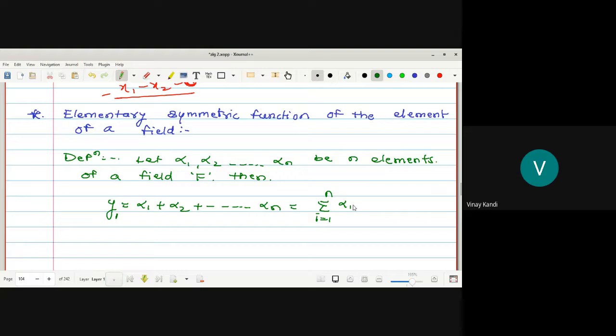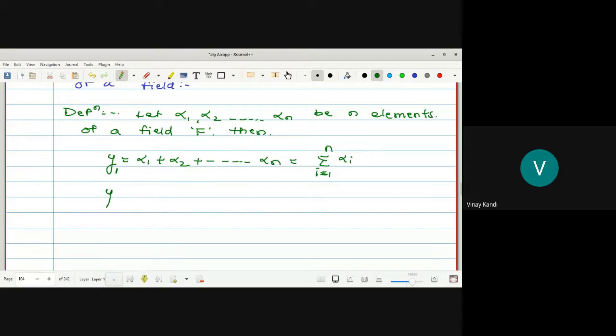This is the elementary symmetric function of the field F, y1. And y2 is defined as summation over i less than j of alpha i into alpha j.